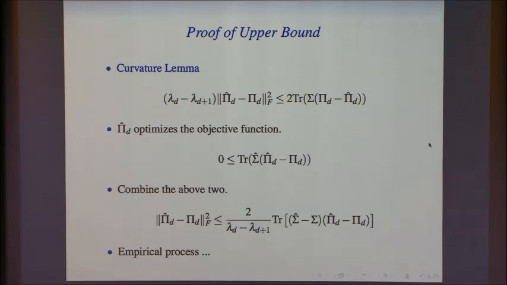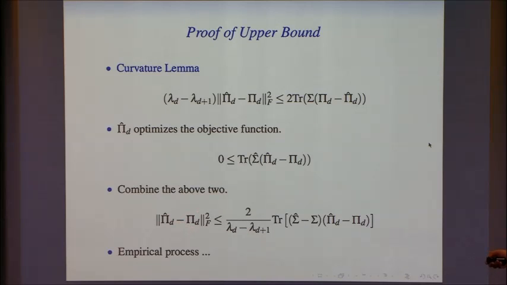So intuitively, very natural. And indeed, the proof of this one is elementary, but we didn't find it in previous literature. And on the other hand, we have the estimator optimizing the objective function using the estimated covariance matrix, and we combine these two, we get this inequality.